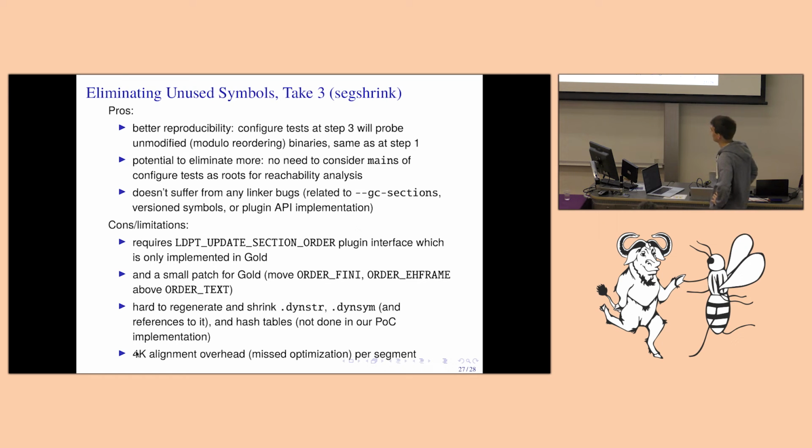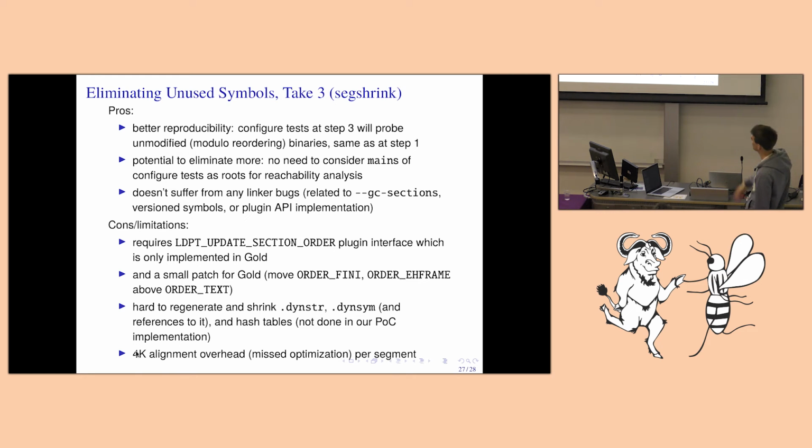There's also the potential to eliminate a little bit more because the mains of configure tests, we don't really care for them. So they should not be roots of the reachability analysis. So it gives some additional gain.